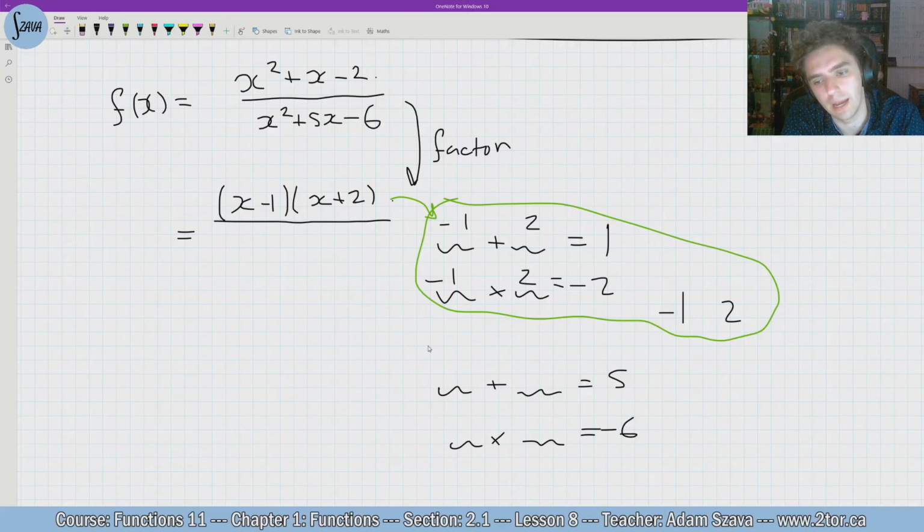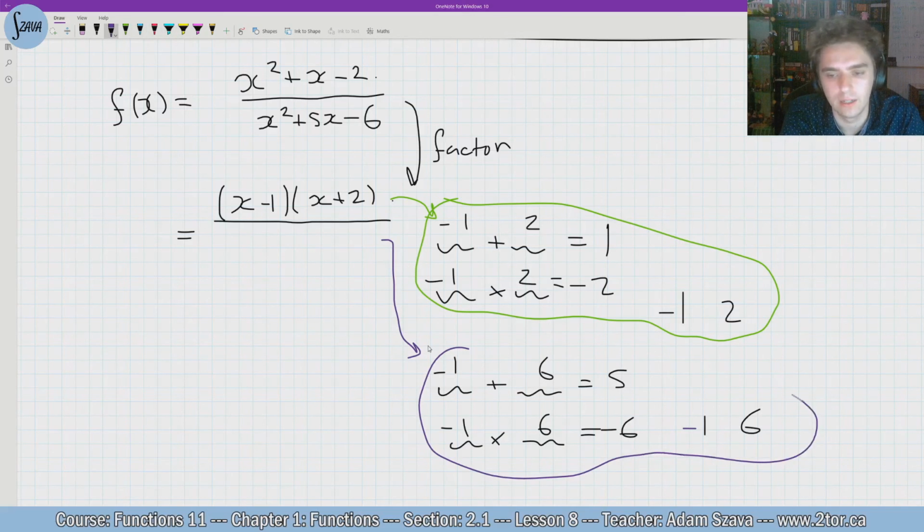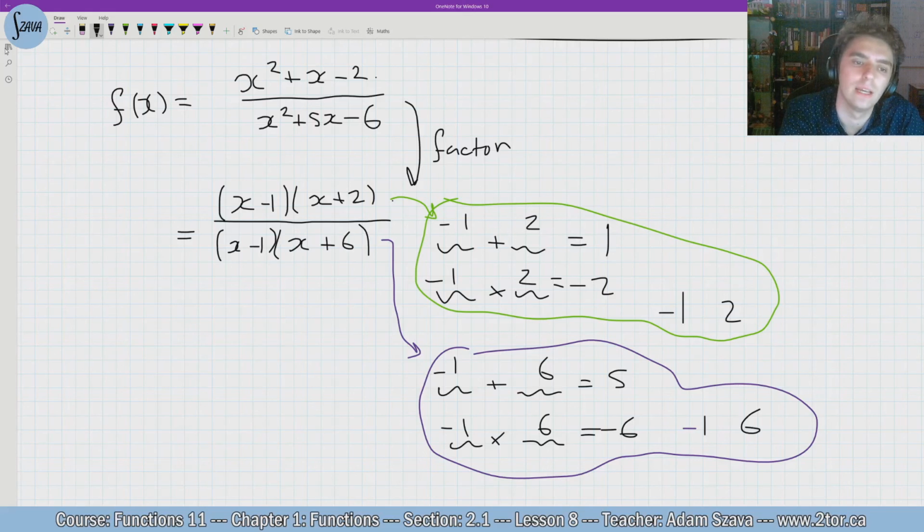So we can do that by 1 times 6. 1 minus 6 is negative 5, but 6 minus 1 is 5. So negative 1 and 6 multiply to negative 6. So these two are for our denominator. Our denominator factors into x minus 1, x plus 6.